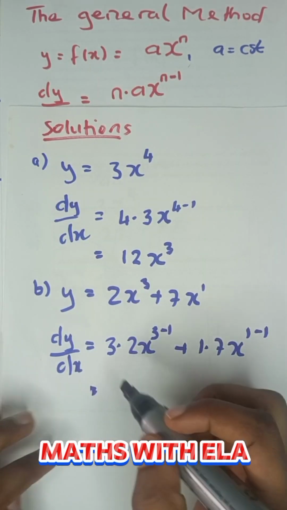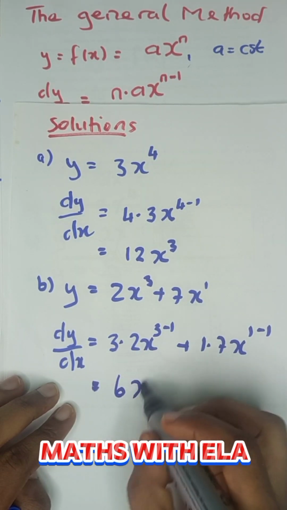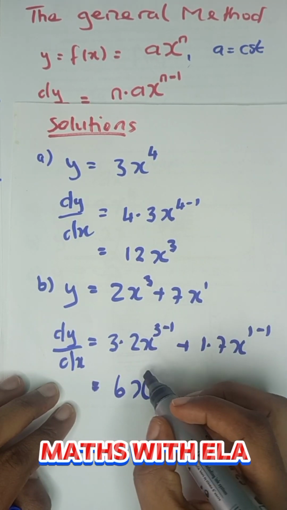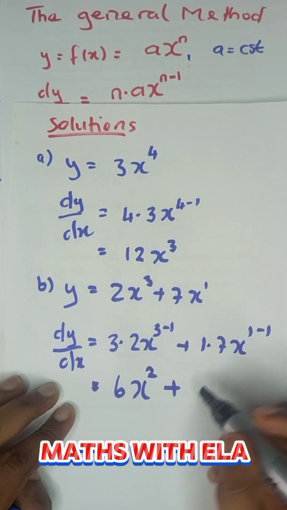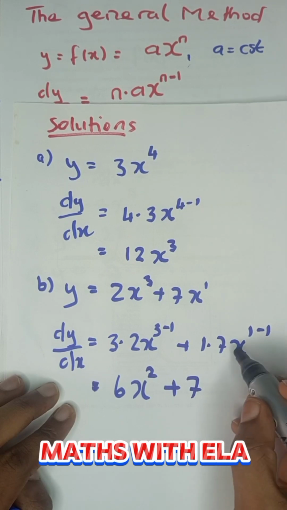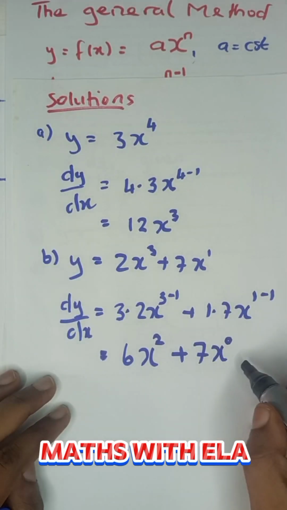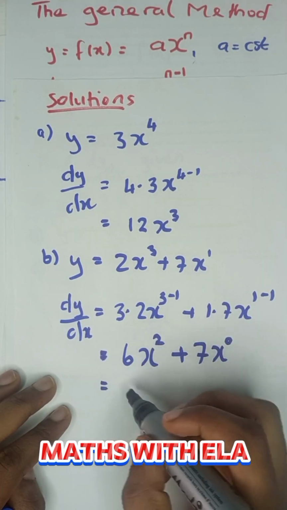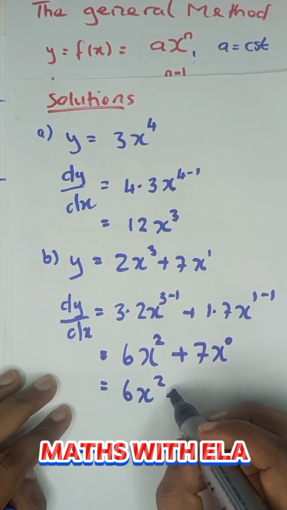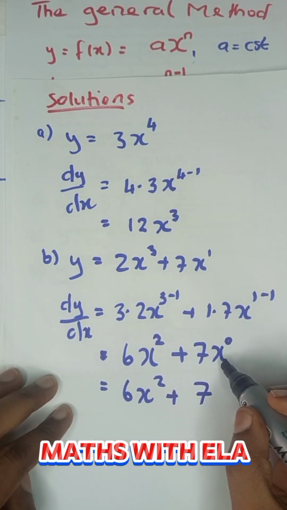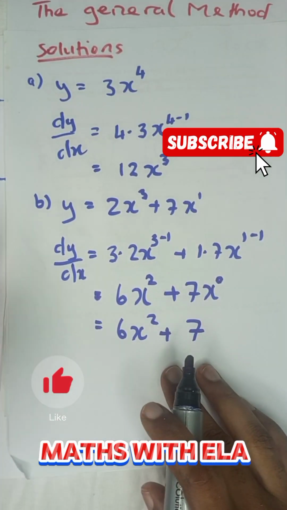That simplifies to 3 times 2, which gives us 6x, and 3 minus 1 is 2. So we have 6x squared for the first term, and 7 times 1 is 7, and 1 minus 1 is 0, so x raised to the power 0, which is simply 1. So in this case, we have 6x squared plus 7, because x raised to the power 0 is 1. So that's it for the second example.